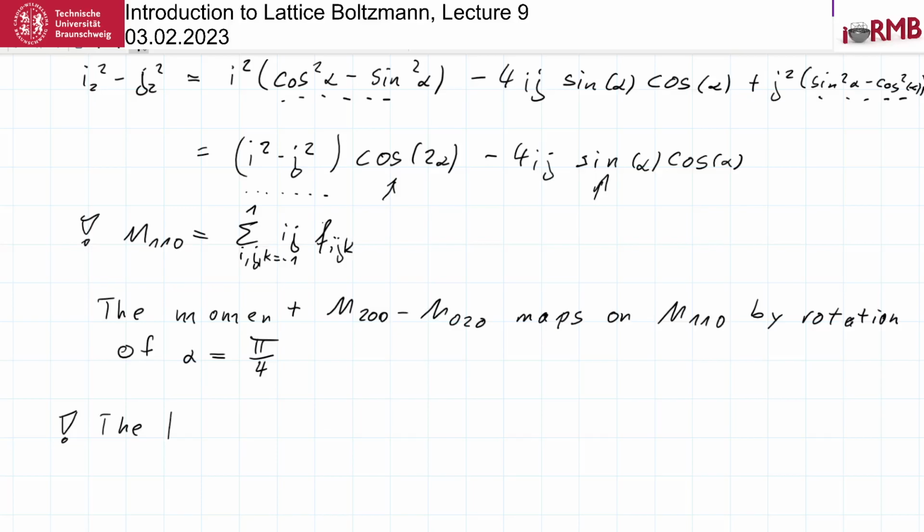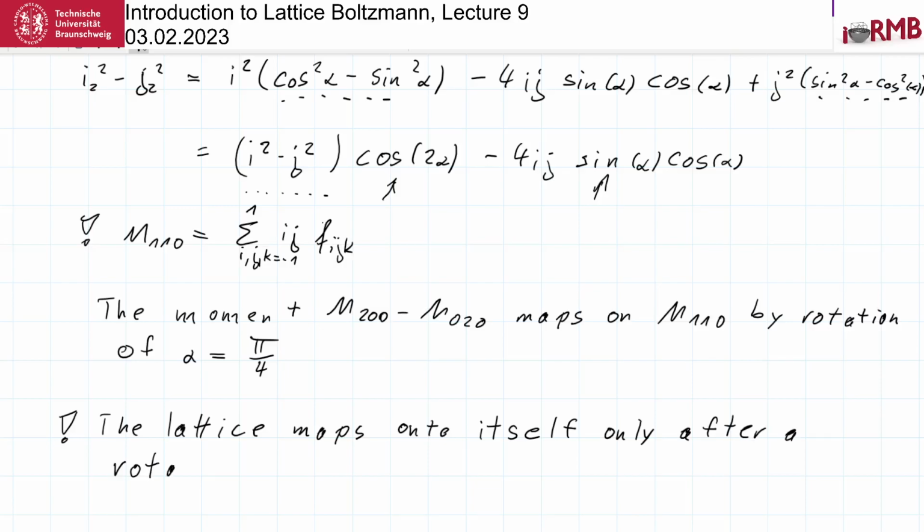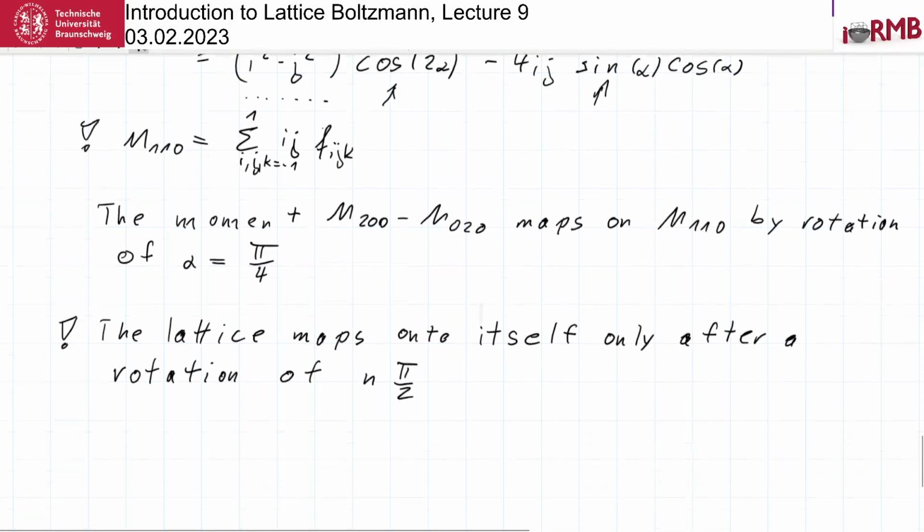So one thing that we have to know is how the lattice maps onto itself. The lattice maps onto itself only after rotation of n pi half. So what does this mean?